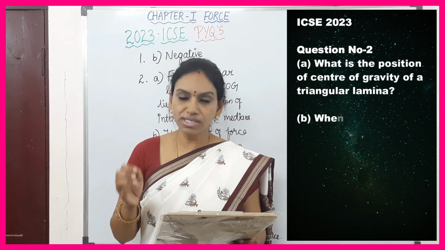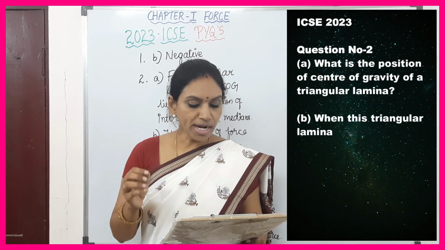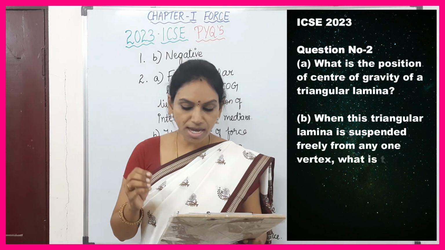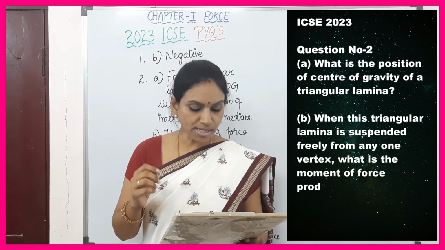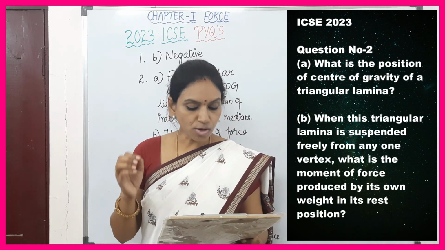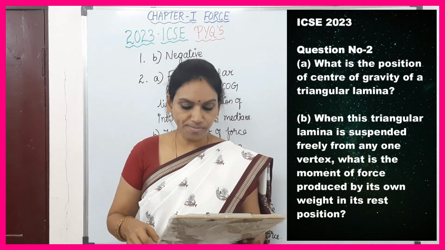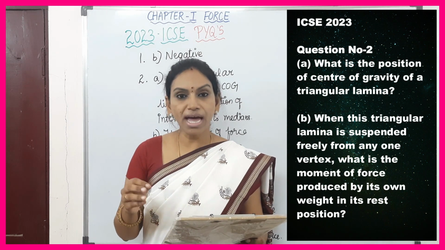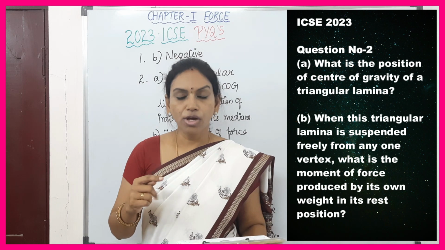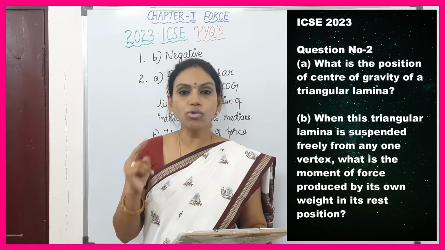Part B: When this triangular lamina is suspended freely from any one vertex, what is the moment of force produced by its own weight in this position? Since it has 2 parts, each part carries 1 mark, so this question is for 2 marks.